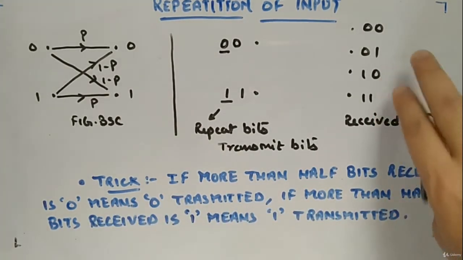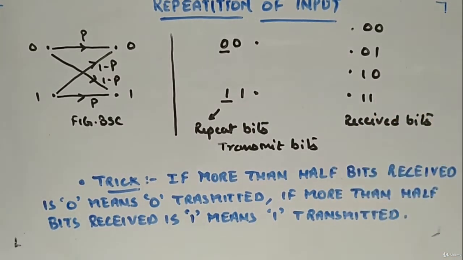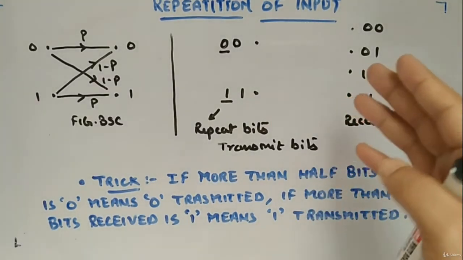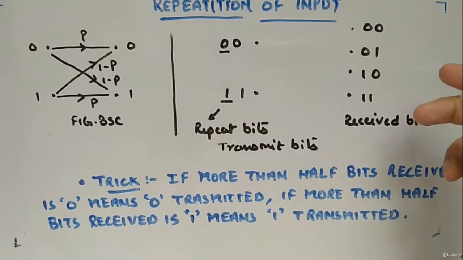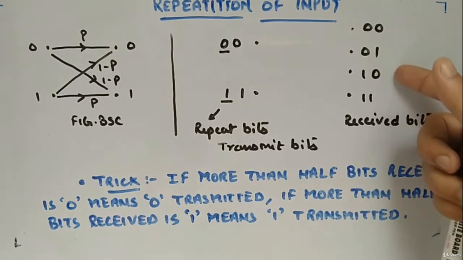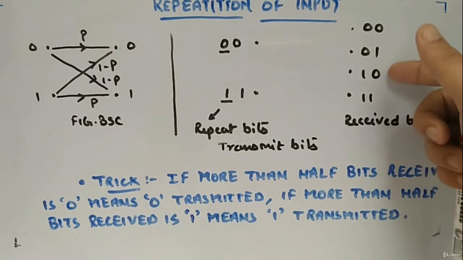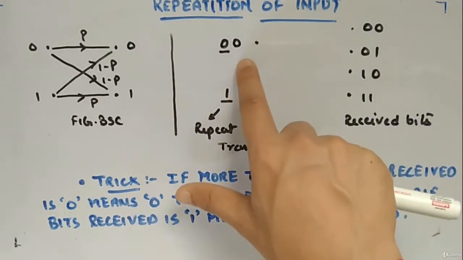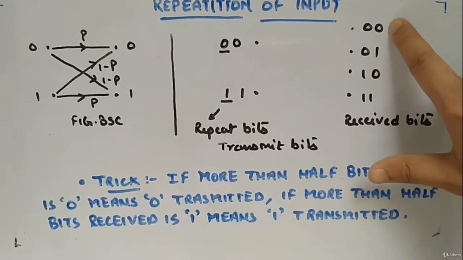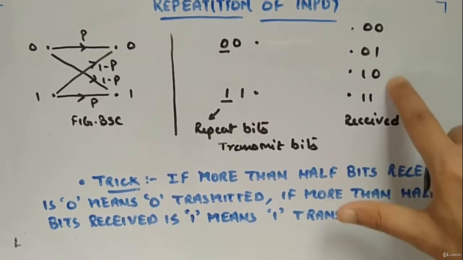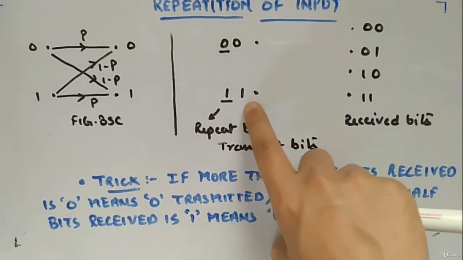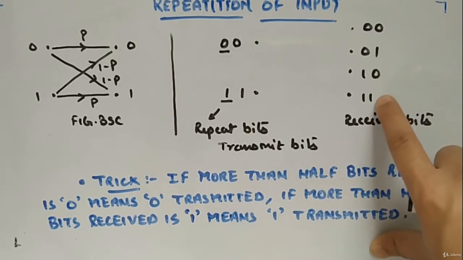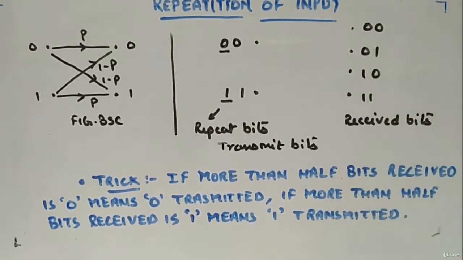If I receive 0 1 or 1 0, it means it's an error. Something happened, and looking at these two you can't say whether 0 or 1 has been transmitted. So for 0, this is the correct reception, and the rest are all incorrect receptions. For 1, this one is the correct reception, and the rest are all incorrect receptions.